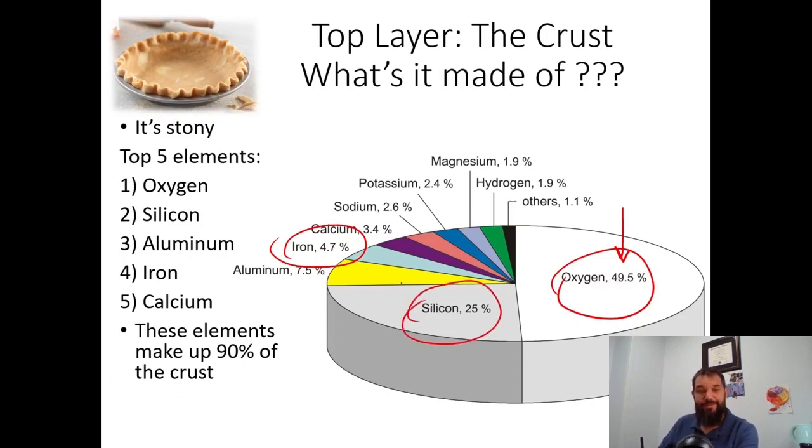Silicon is up to 25% now, right? Followed by aluminum at 7.5%. So you look at the top four elements of the crust: oxygen, silicon, aluminum, and iron. That's probably going to comprise about 83% of the crust.